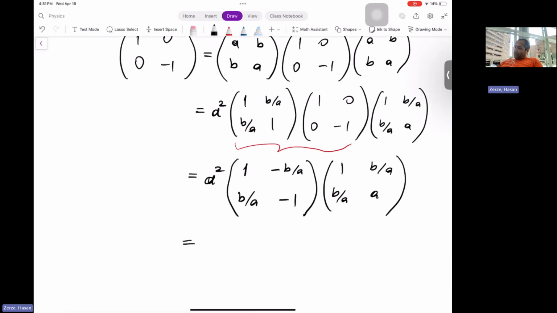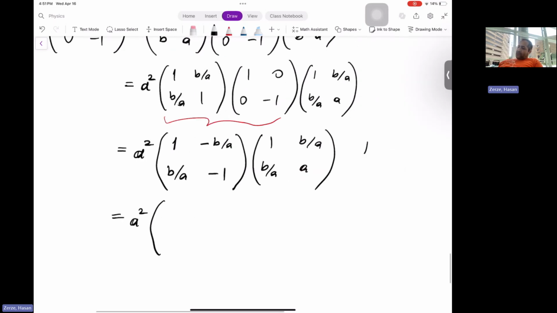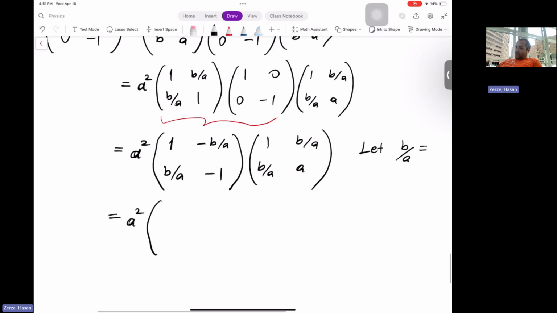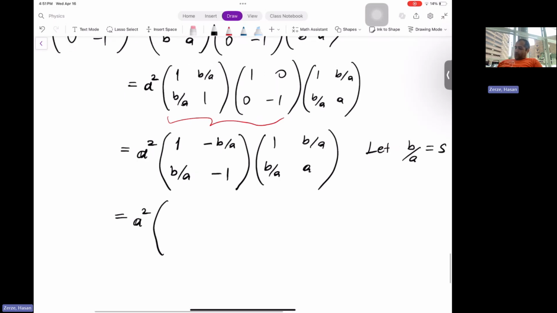And then we get A squared, and also let's simplify. Let B over A be equal to, let's say, some number S. Okay, so we have 1 minus S squared, and then we get, no, so this is 1, sorry.